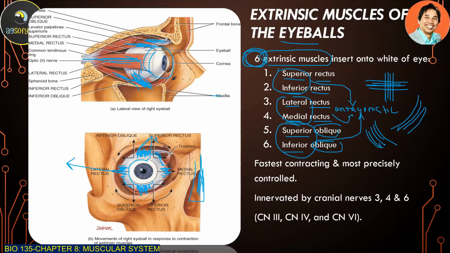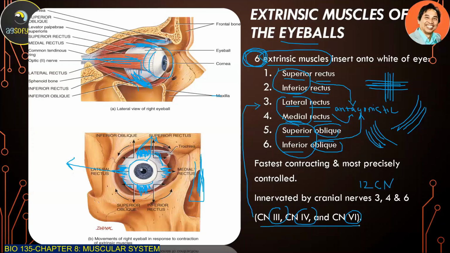And this movement is controlled by our nerves. There are 12 cranial nerves. Three of them, cranial nerve number 3, number 4, and number 6, are the ones that will control this movement of the eyeball.